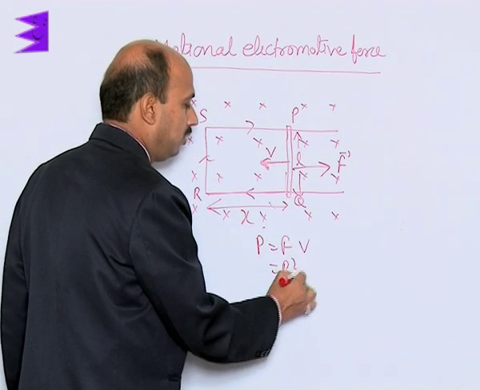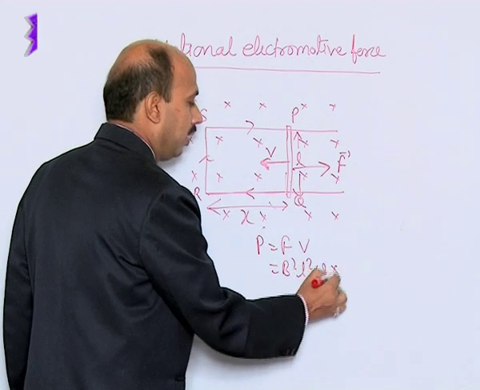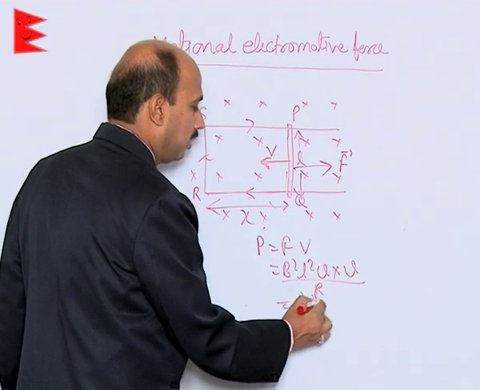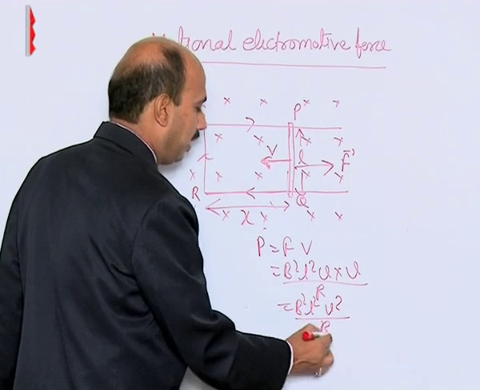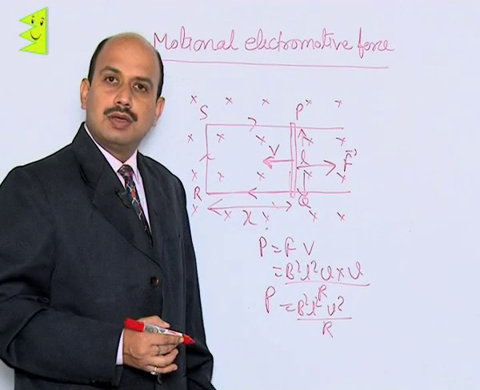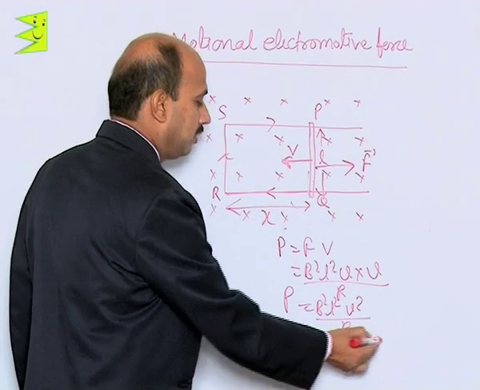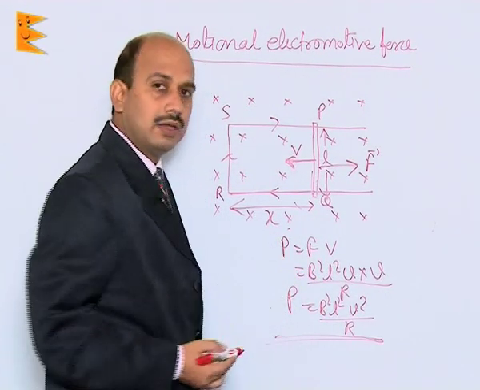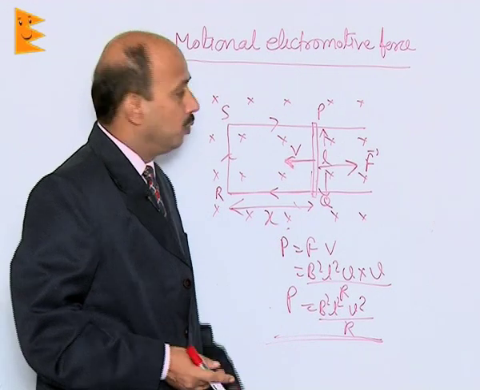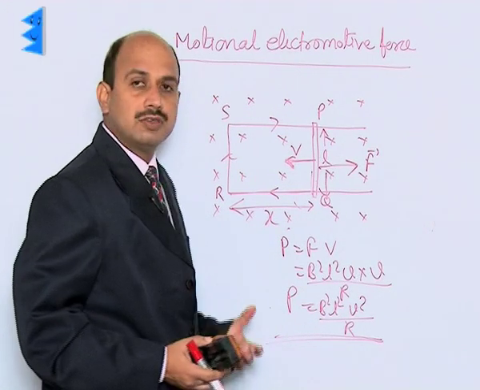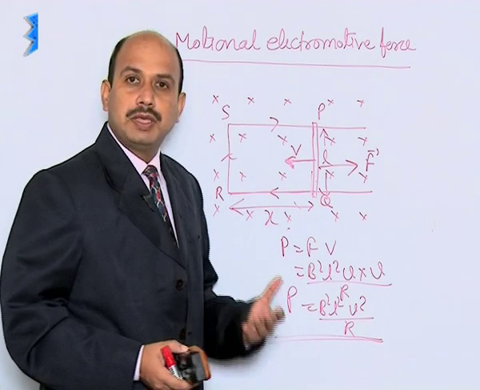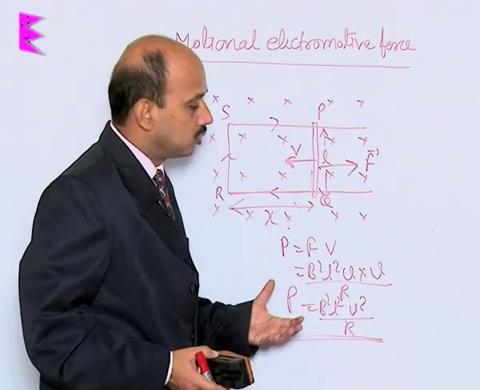So, that is B square L square v into v divided by R, so it will be B square L square v square divided by R. This is the power that is coming in the form of heat, called the dissipated power, and this is actually the mechanical work in this case. So, we have seen the energy considerations, the power and force acting on the conductor PQ. This is about the motional EMF.